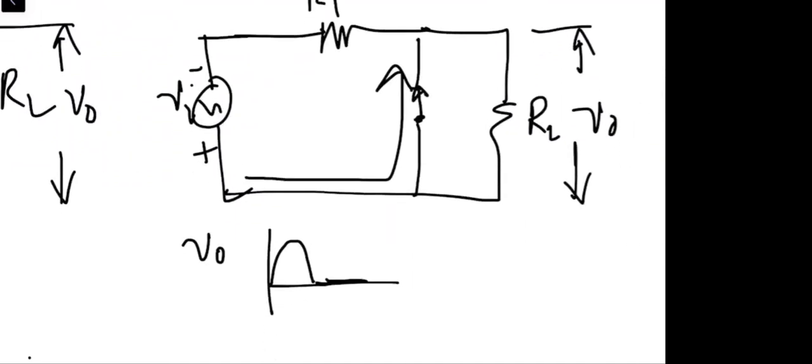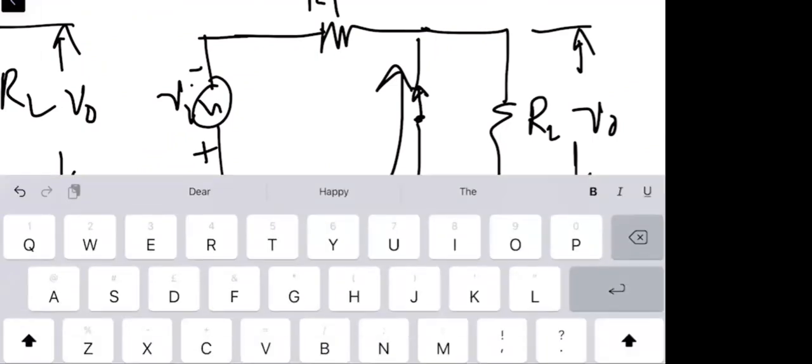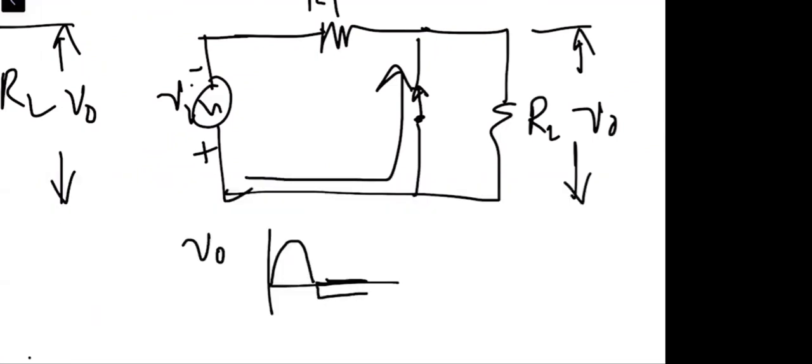But now, if we consider the diode as a practical diode, in the positive half cycle, we have the positive half cycle, but in the negative half cycle, we have a potential which is equal to 0.7 volts over here, and that is in the negative direction. So we will say minus 0.7 volts, right?